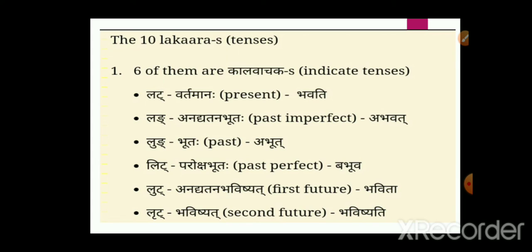And the second lakara is lang lakara. Lang lakara means it's the past imperfect tense. In Sanskrit it is called anadhyatana bhutaha. And the example of lang lakara is abhavat. Abhavat is an example of the past imperfect tense.